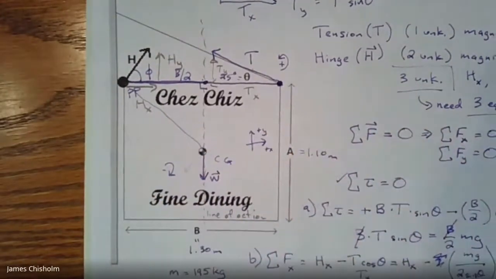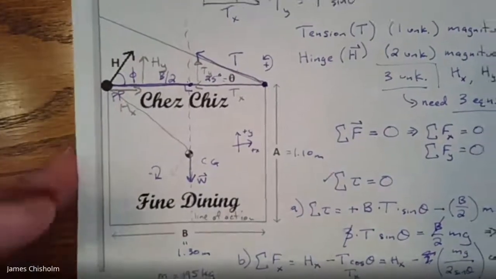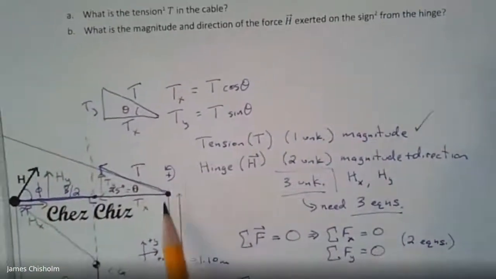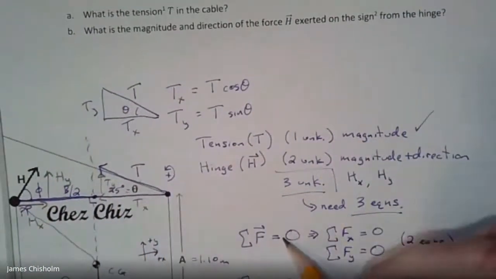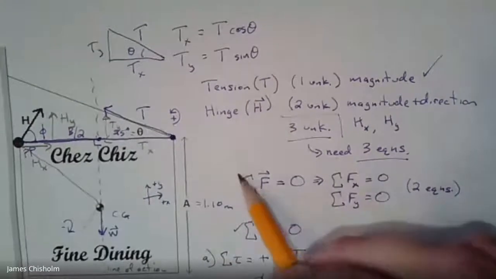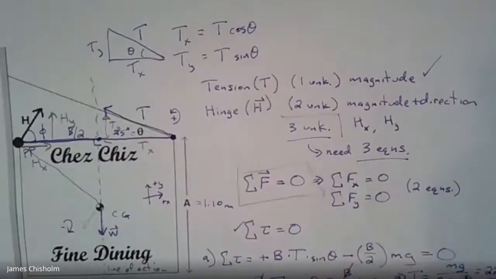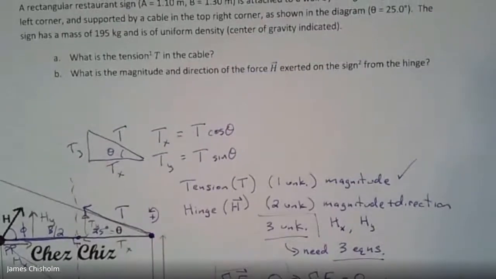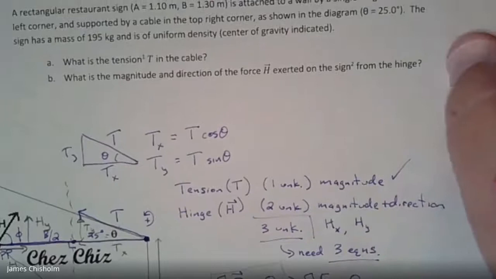In fact, there's a very straightforward way of seeing that the hinge force has to be the same as the tension. And that is, we think about adding all these force vectors together, what we would have done down here. Graphically, when I add vectors together, I'm using this head to tail method. But when I add them, in order to add up to 0, this must mean they always form a closed polygon.